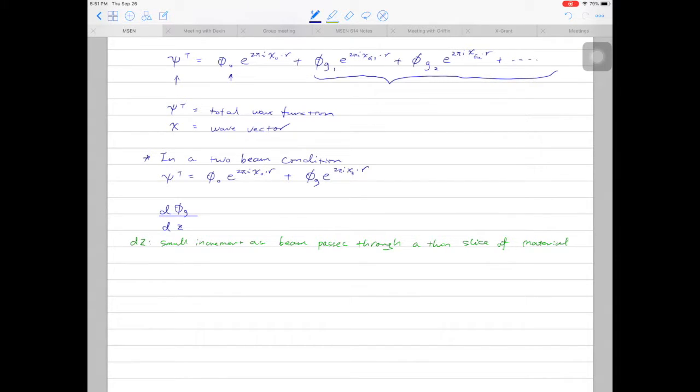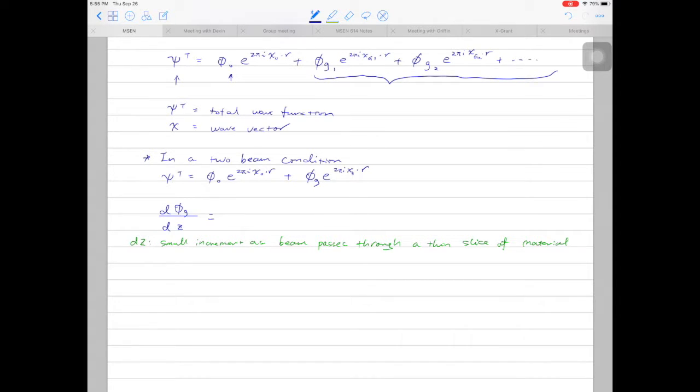If we want to calculate how the magnitude of the electron beam changes as a function of the sample thickness, or how far the beam travels through the specimen, we can write this down as d phi over dz.